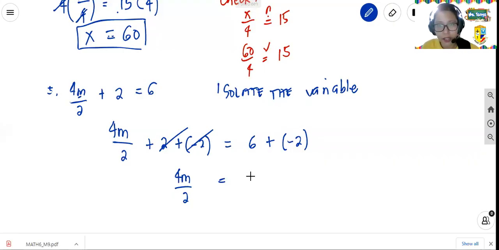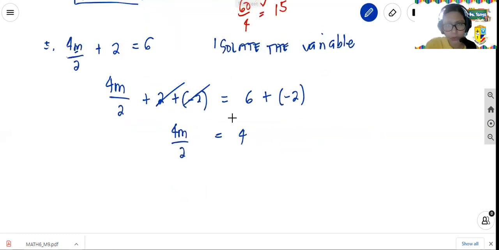And then what we will have here would be 6 plus negative 2, so that would be subtraction, and the answer would be positive 4. Now, I still have to eliminate the 4 and 2 on my left side because I want to just have the n. As you can see, I can simplify 4 and 2, right?